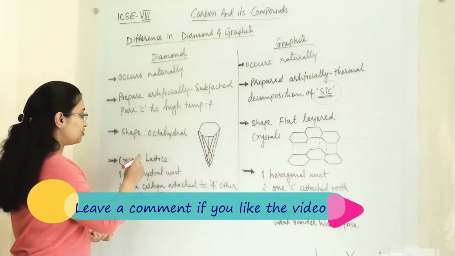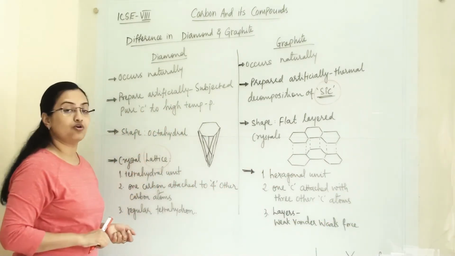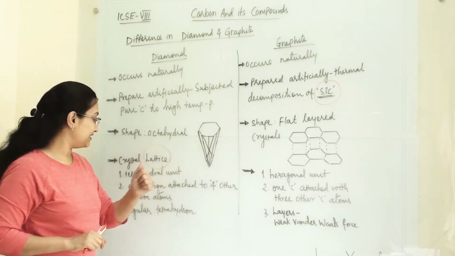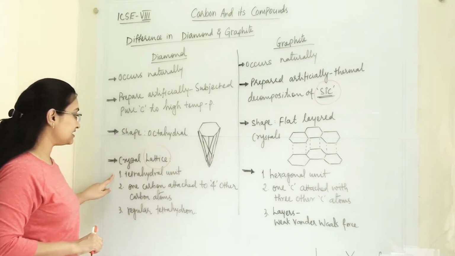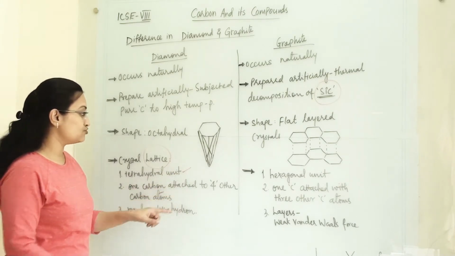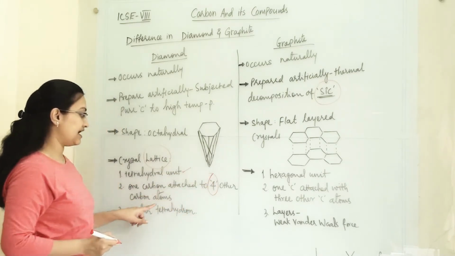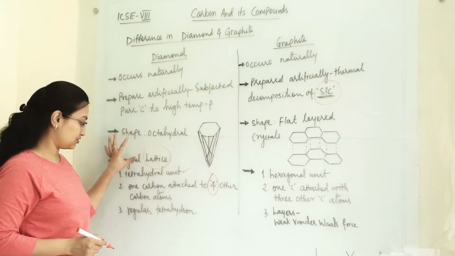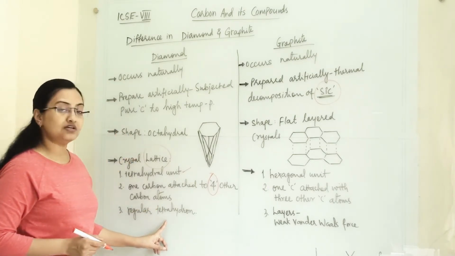Now when we talk about the lattice structure of diamond and graphite, diamond is a tetrahedral unit. One carbon is attached to four other carbon atoms in this structure, and it is a regular tetrahedron.